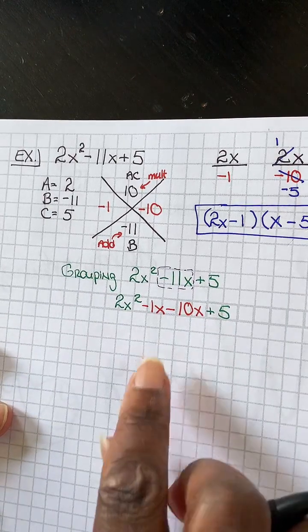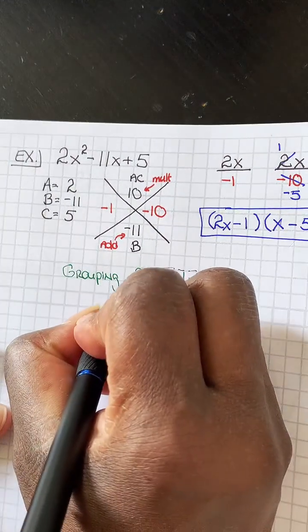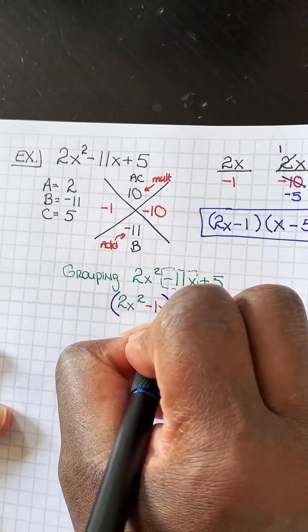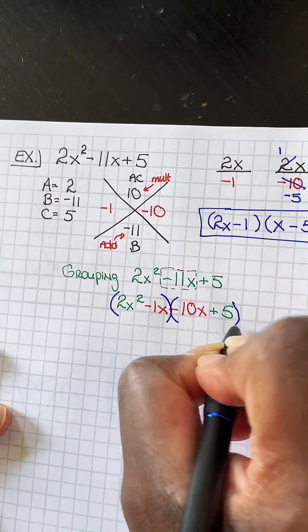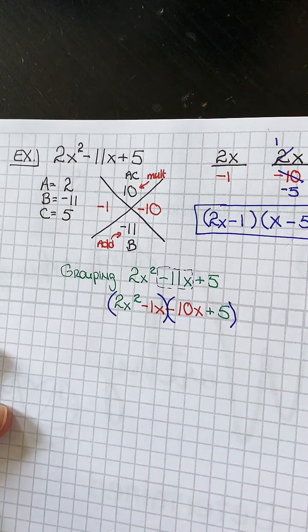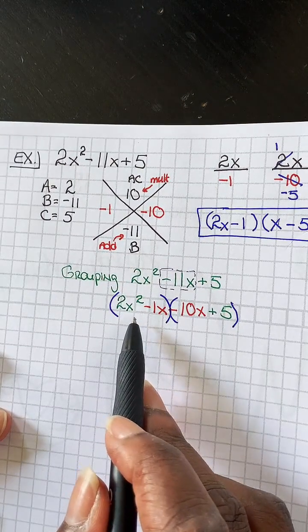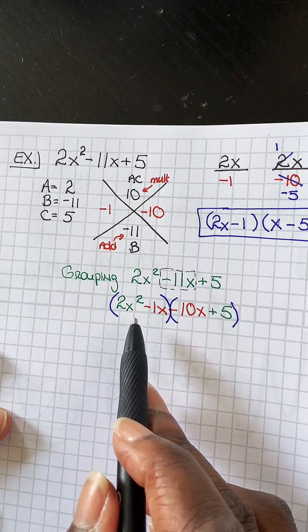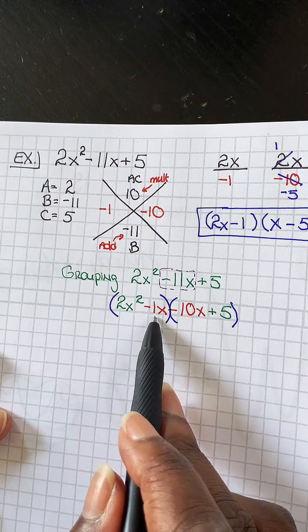So what happens next, the reason why they say they do this by grouping, is they group the first two terms and they group the last two terms. What you have to do is basically find the GCF, which we worked on yesterday, of each of the parentheses.